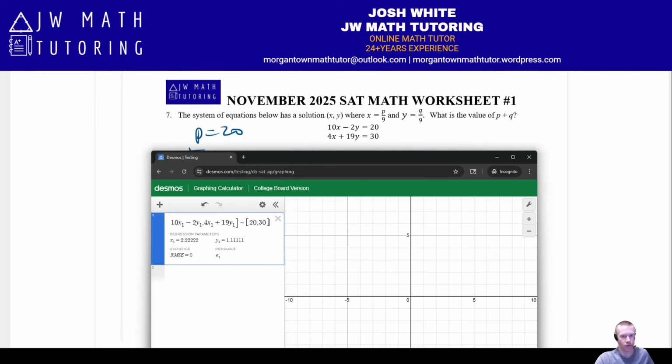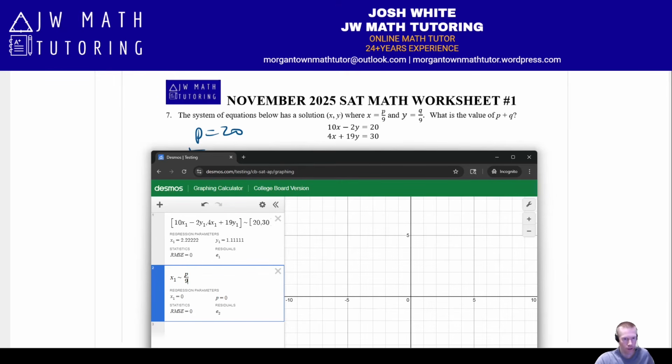Notice it gives me the same exact answers. The benefit to using regression is now if I do that same thing, x1 equals, oh, shoot, we're not going to be able to do regression because we're going to have to store it.